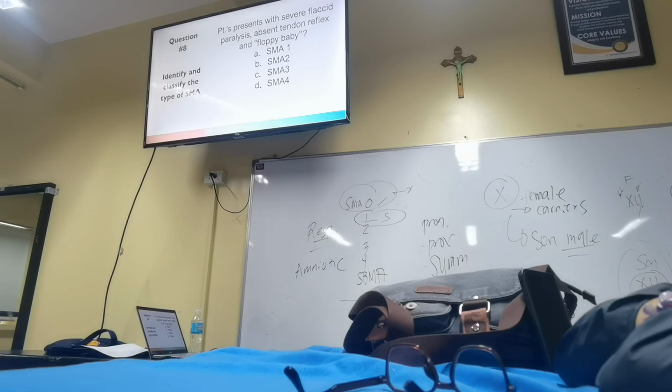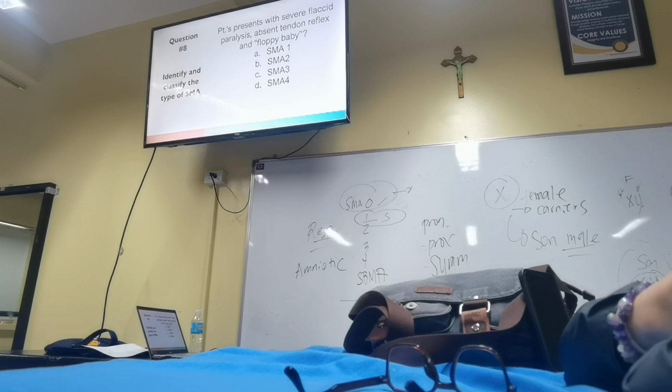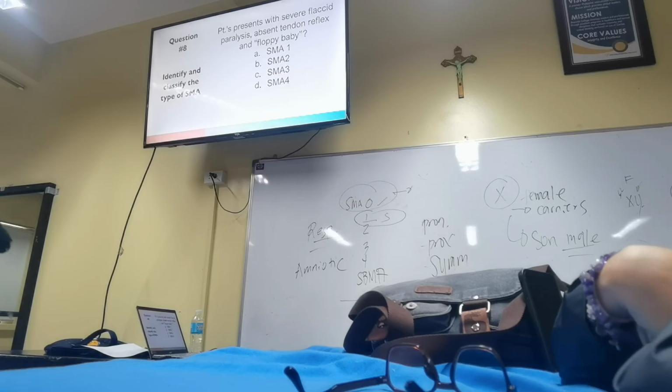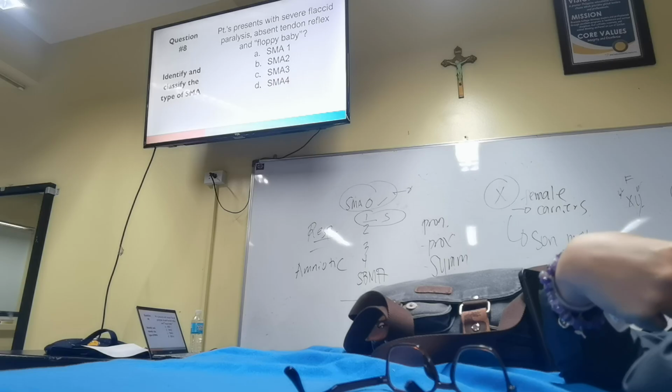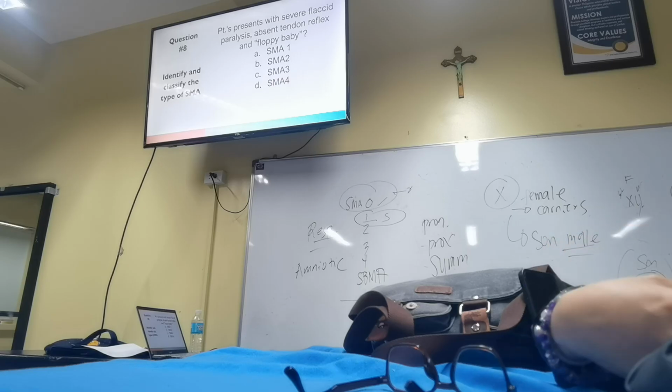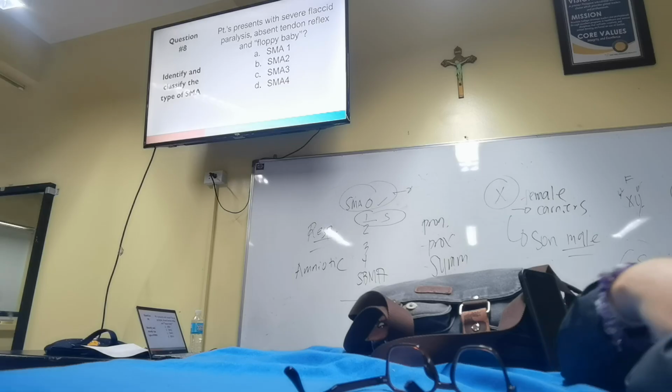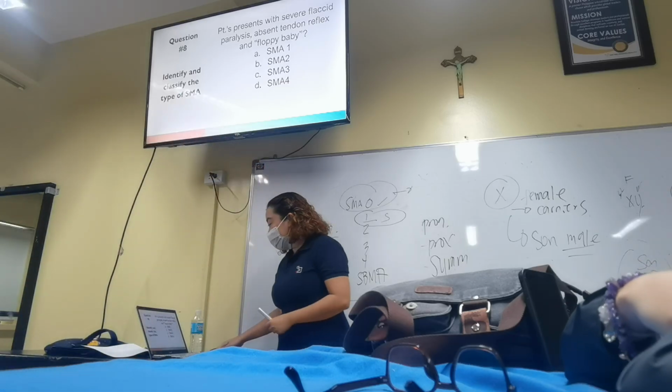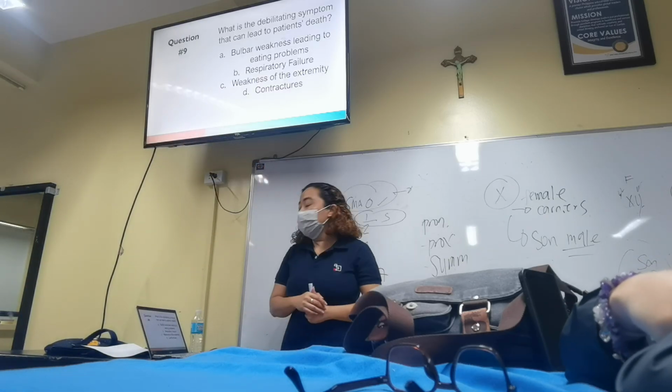Yes, SMA 1 and 2 can have the absent tendon reflex. A floppy baby means both the upper and lower limbs are floppy. You get what I mean? In SMA 2, the legs are more floppy. Okay? But the word severe flaccid paralysis is for SMA 1. Okay, next.